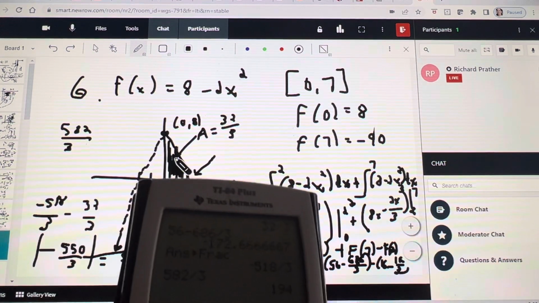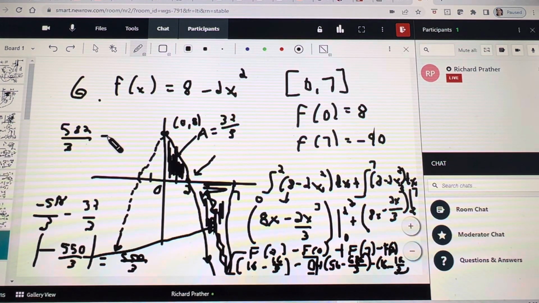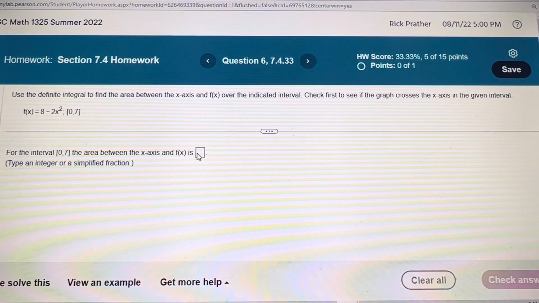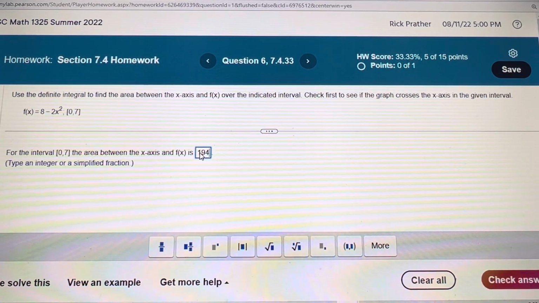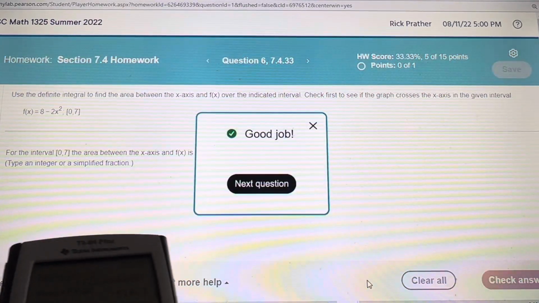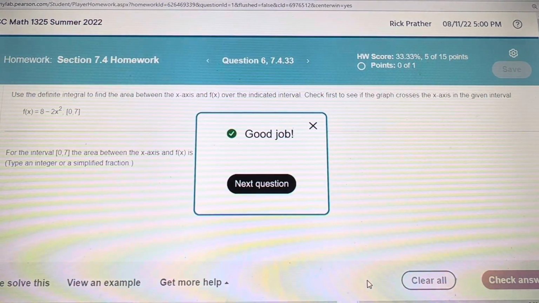Yeah, then it came out exactly to 194 at the end. But it's possible it could have stayed over 3 too. And if it was, then you wouldn't make it a decimal. But this does not divide by 3, this does not divide by 3, but when you combine them together, they do divide by 3. So 194 is the total area, ignoring the negative portion of the part that's below the x-axis.